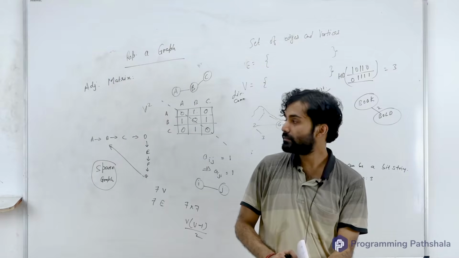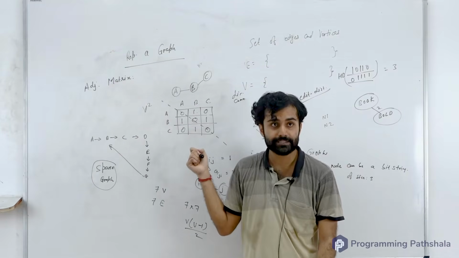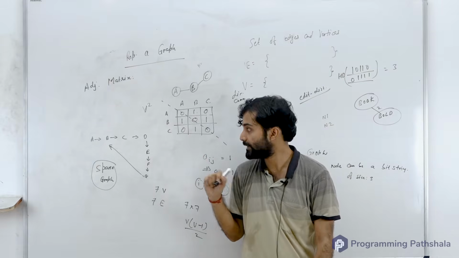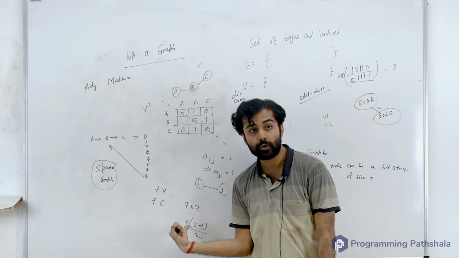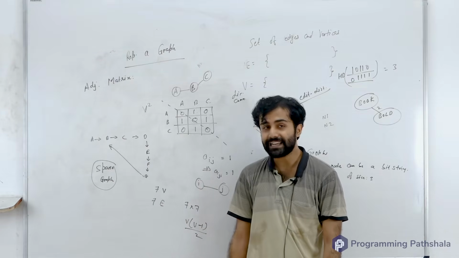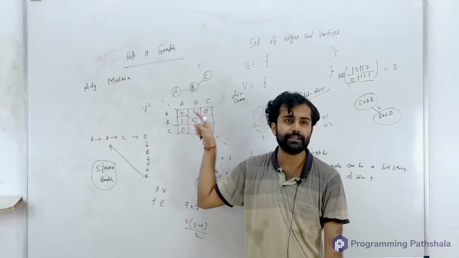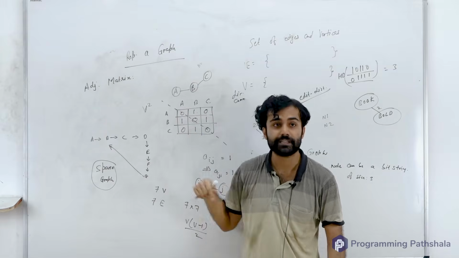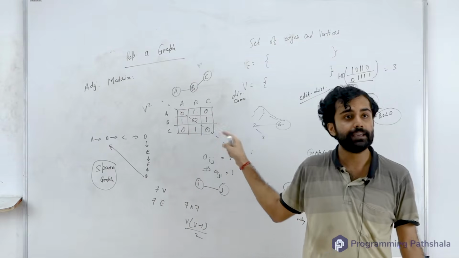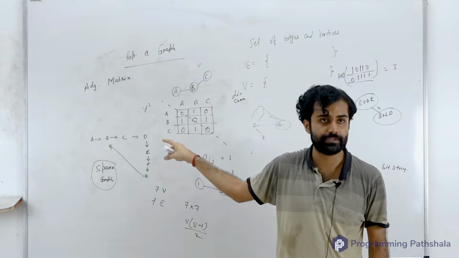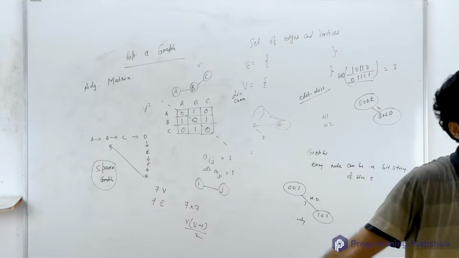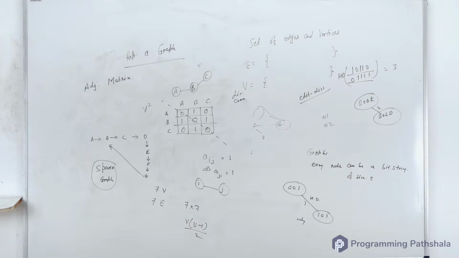Adjacency matrix is a very good choice when your graph is dense. A dense graph means the number of edges is around order of V square. But if that is not the case, then this representation is wasting a lot of space. Did everyone understand why this is a space wastage? Because when your graph is sparse, this clearly is a space wastage.